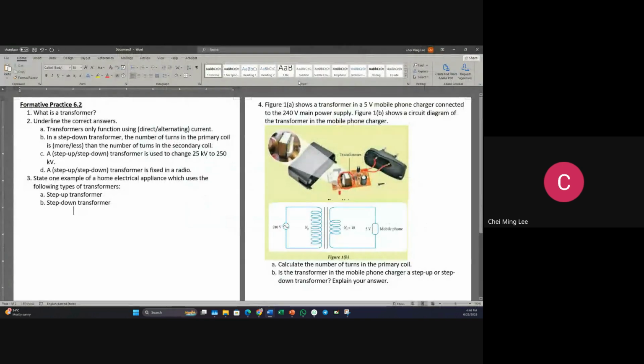Okay, try to do the questions. Can you see this clearly? Can you see the question clearly? Yes, good.